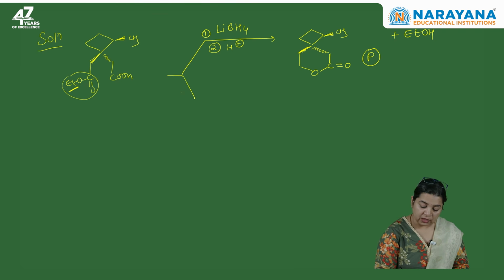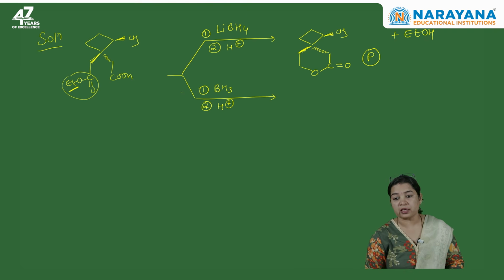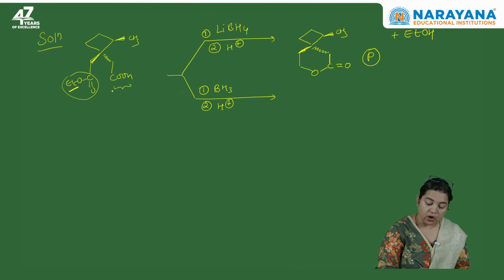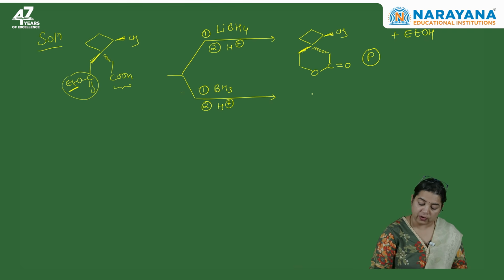The other set of reaction is BH3 as a reducing agent and then again H plus. Again, go back to NCERT reading. NCERT says BH3 is one of the best possible reducing reagents for carboxylic acid. It will not reduce ester or nitro or other functional groups with ease, or for practical purposes not at all.